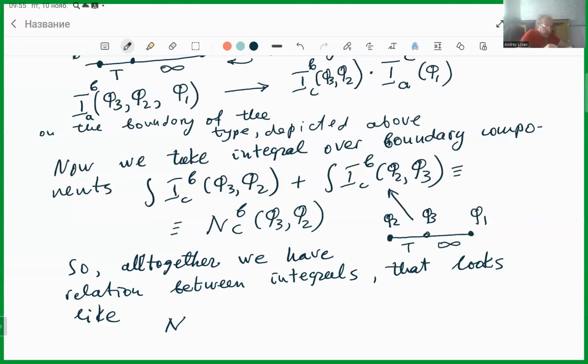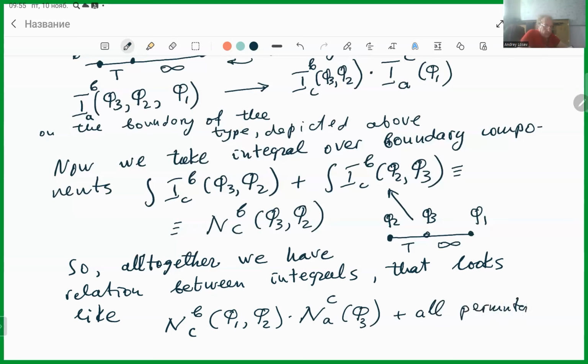If I combine everything together, plus all permutations of phi i's, because all permutations of phi i's correspond to all boundaries.